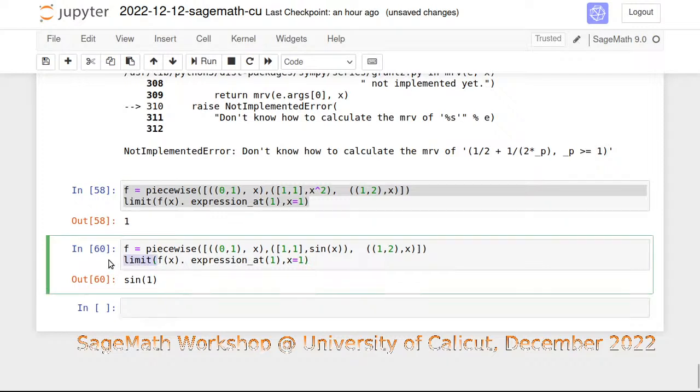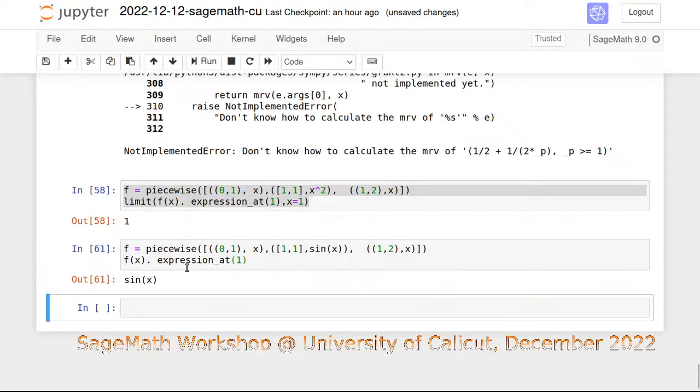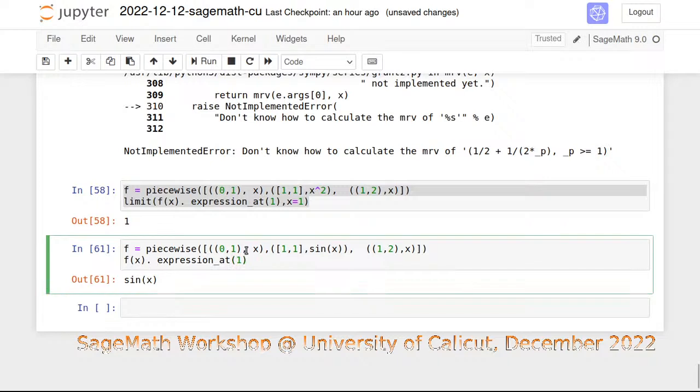Okay, let us try to see this around. Expression at 1 is sin 1. So expression at essentially means that we are getting the function value at that particular point.